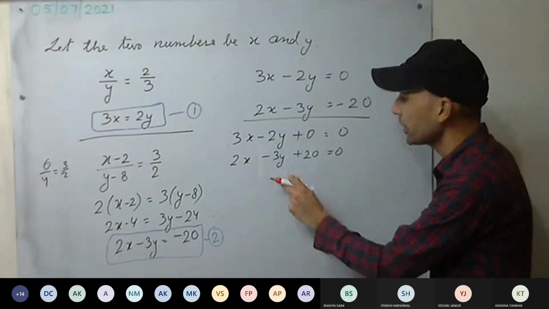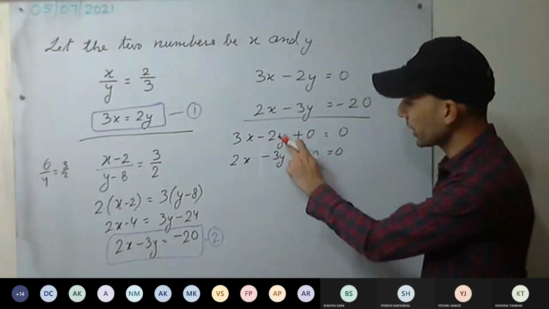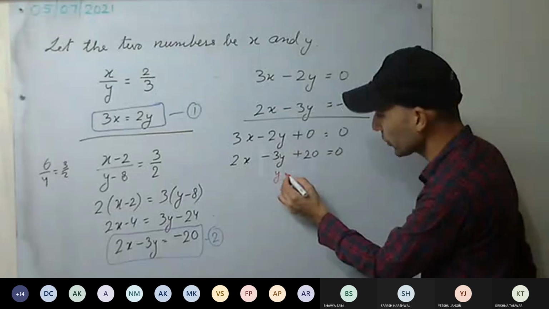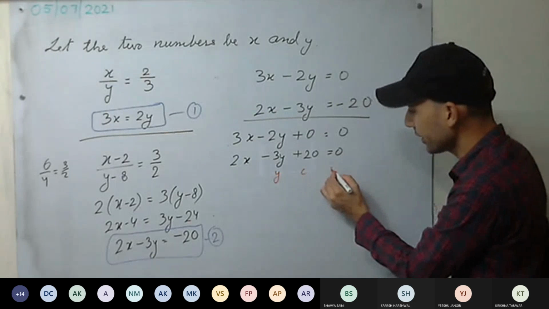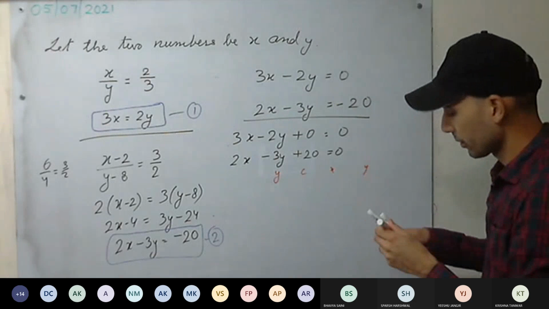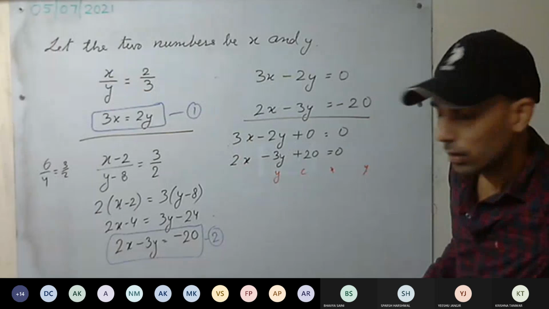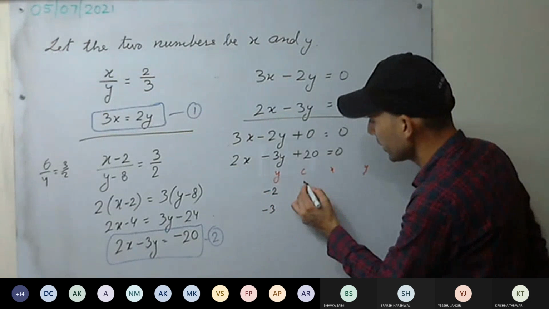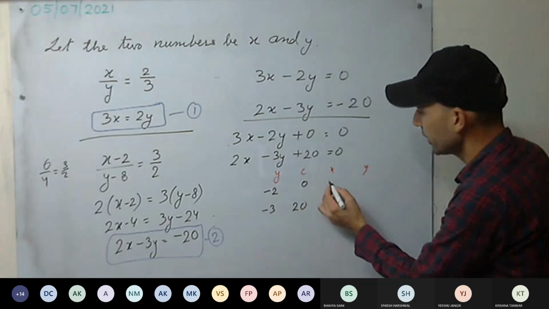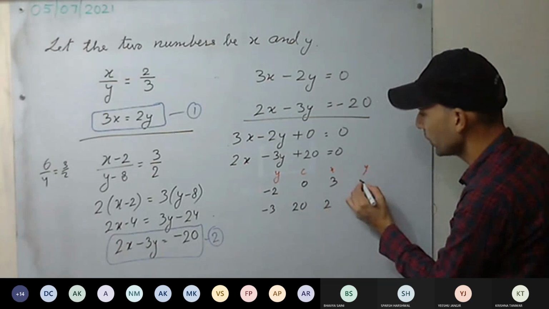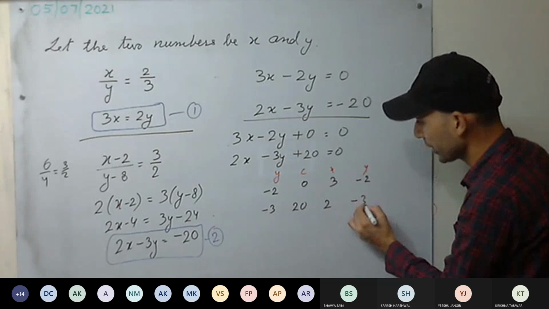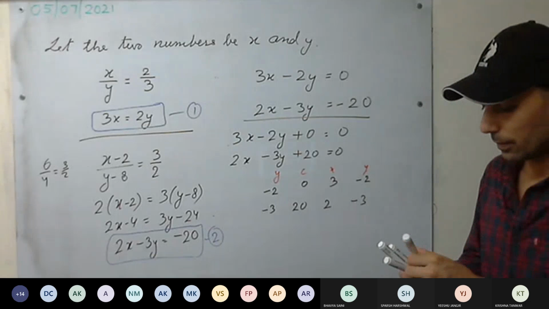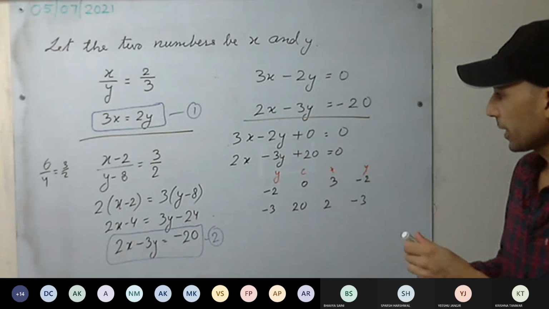Now we start writing from whose coefficients? We start writing from y: y, constant, x, y. So it will be minus 2, minus 3, 0, 20, 3, 2, minus 2, minus 3. This is clear. Now cross multiplication.